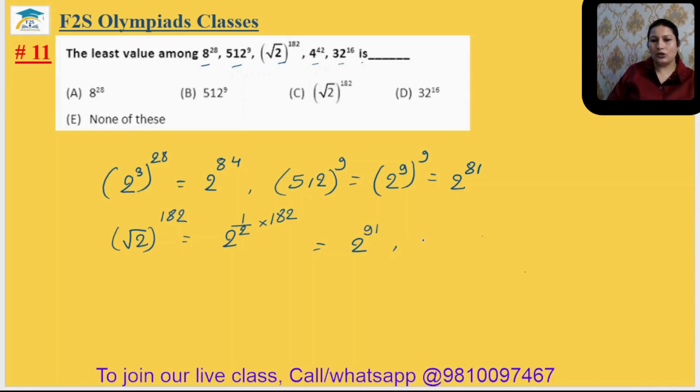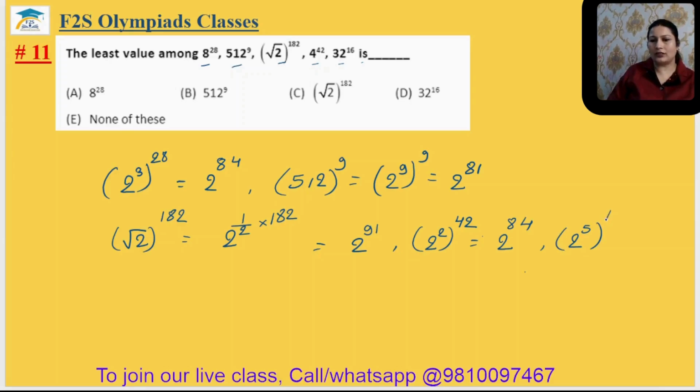Next is 4 to the power 42. So we can write 2 to the power 2 whole power 42, so 2 to the power 84. Okay. Now 32 to the power 16. So 32 can be written in terms of 5.